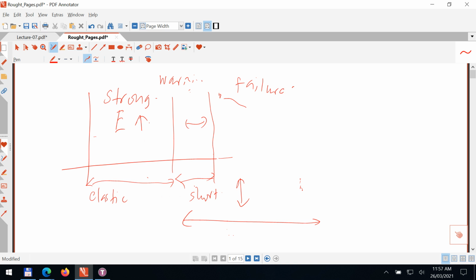What I'm trying to say is that E is not the only thing to look at. Even if you have a large E, if this region is short, that material will just fail or break without any warning.